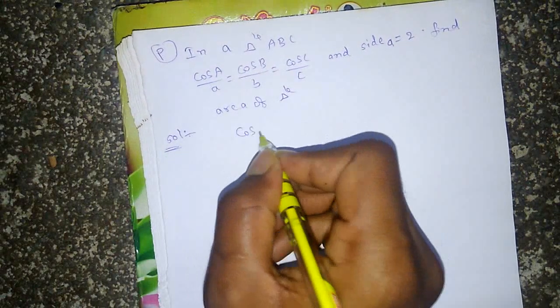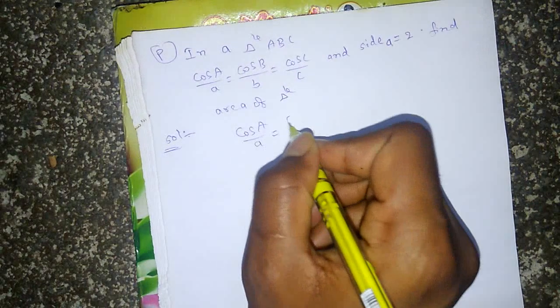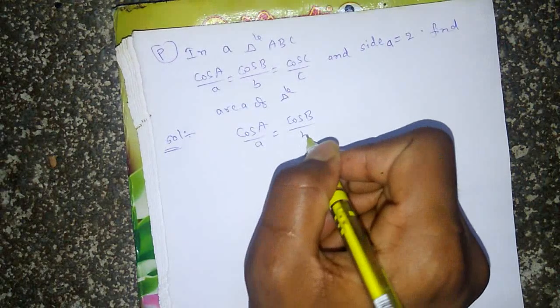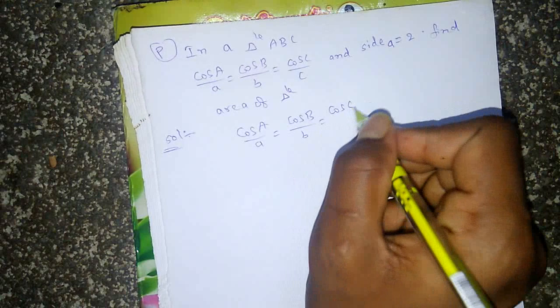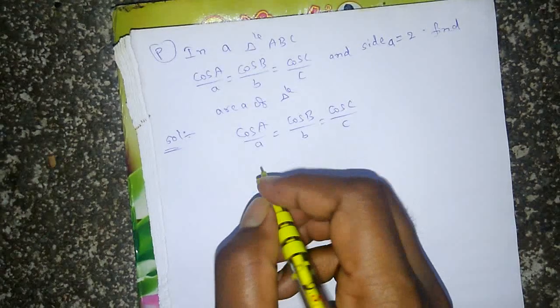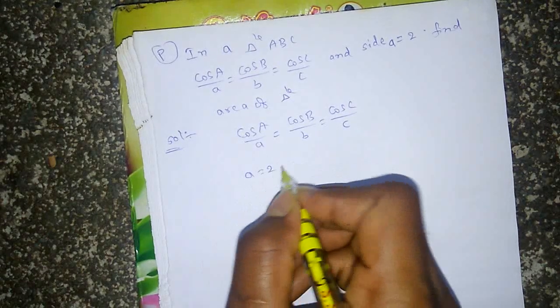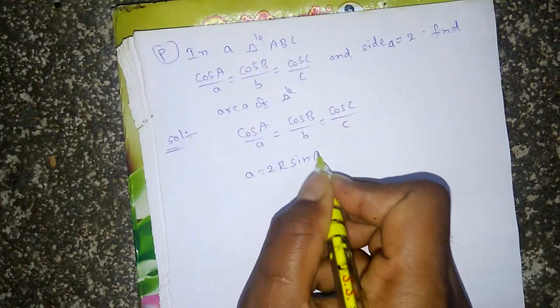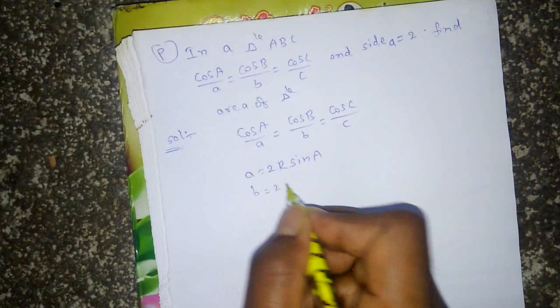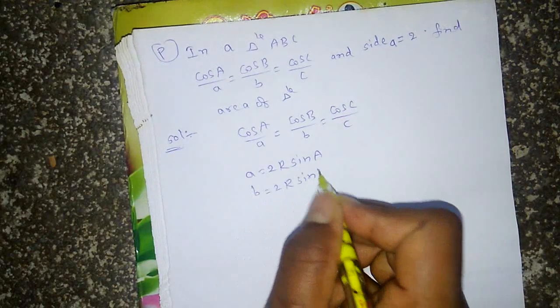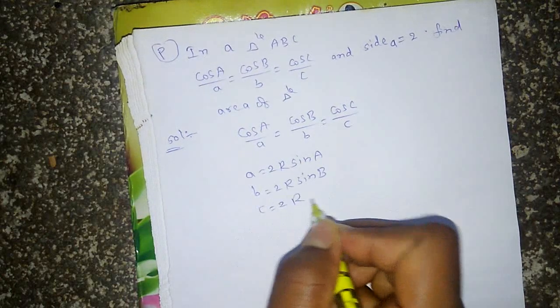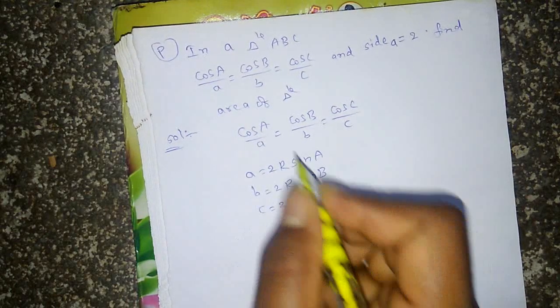Here given cos A by a is equal to cos B by b is equal to cos C by c. So from the sine rule, a is equal to 2r sin A, b is equal to 2r sin B, c is equal to 2r sin C. So substitute the values here.